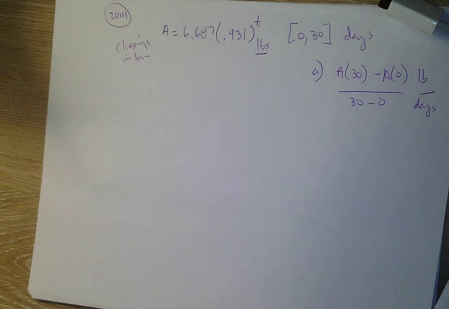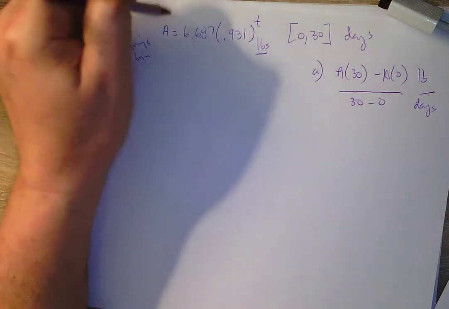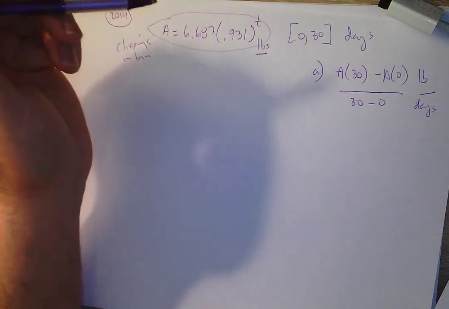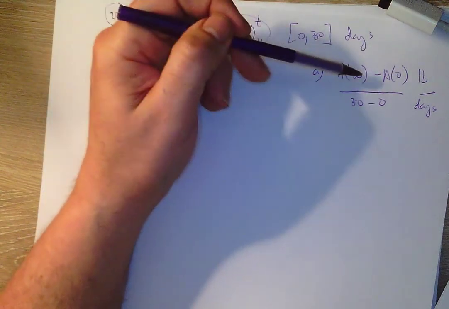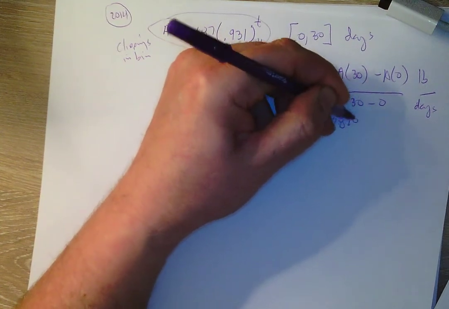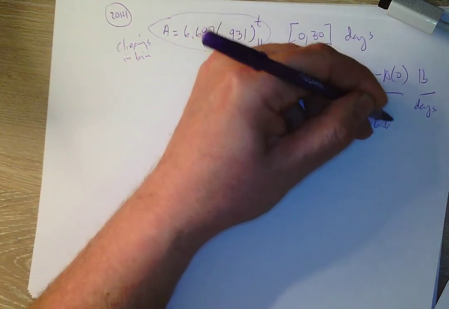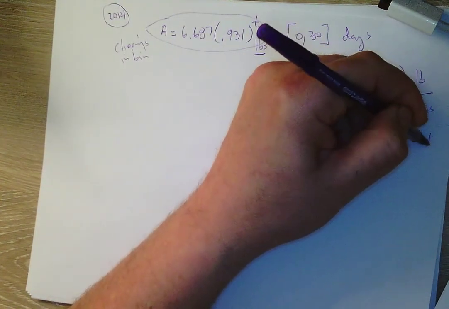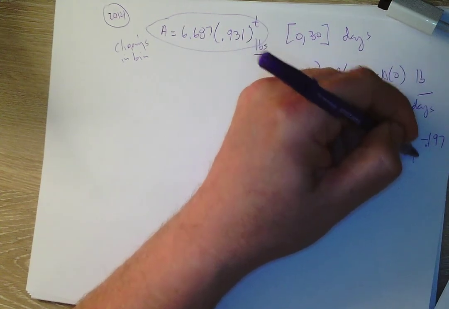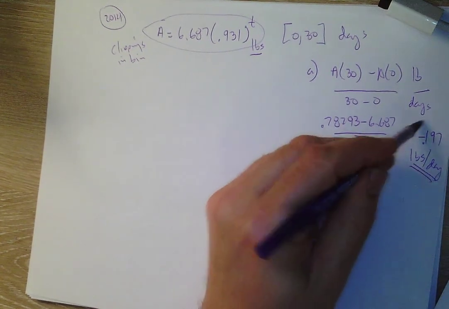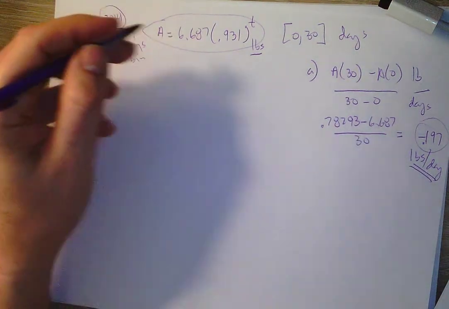I typed this into Y1, and then I used the table feature to find A of 0 and A of 30, and I came up with 0.78293 minus 6.687 over 30, which was negative 1.197 pounds per day. Do they ask us to interpret the meaning of that? No, they just want us to provide the units and a number. Okay, so there's part A.